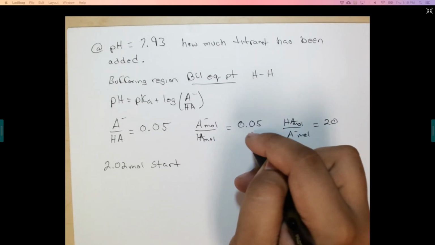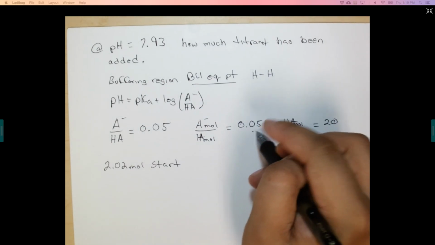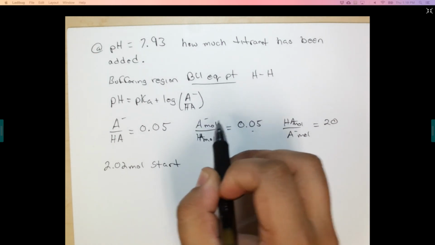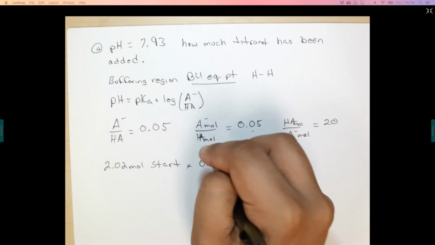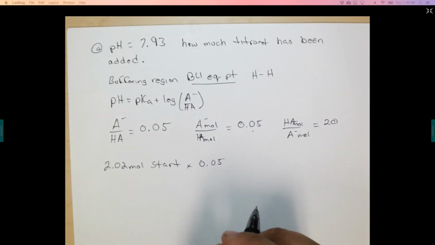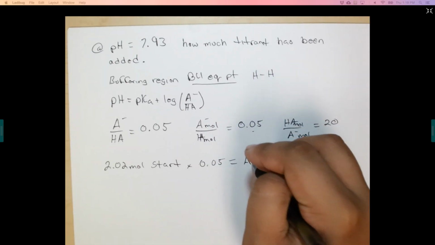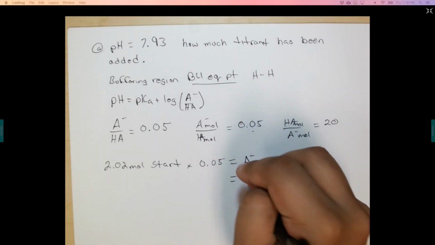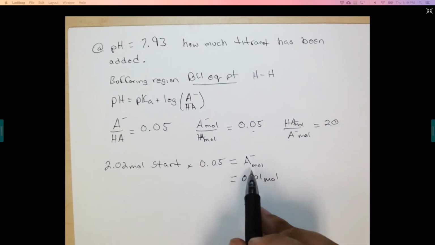So this tells us that we need to change about 5%. That's what this number means. So 5% of this needs to be converted. What is 5% of this? We multiply by 0.05, and that is equal to the moles of A minus, which is 2.02 times 0.05, equal to 0.101. So 0.101 moles needs to be converted.